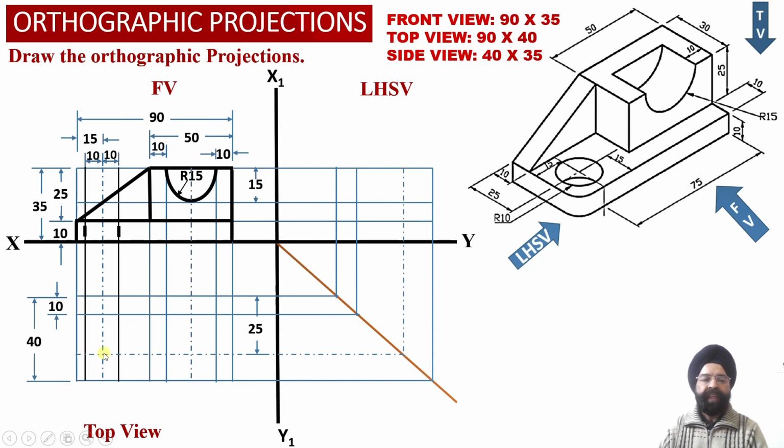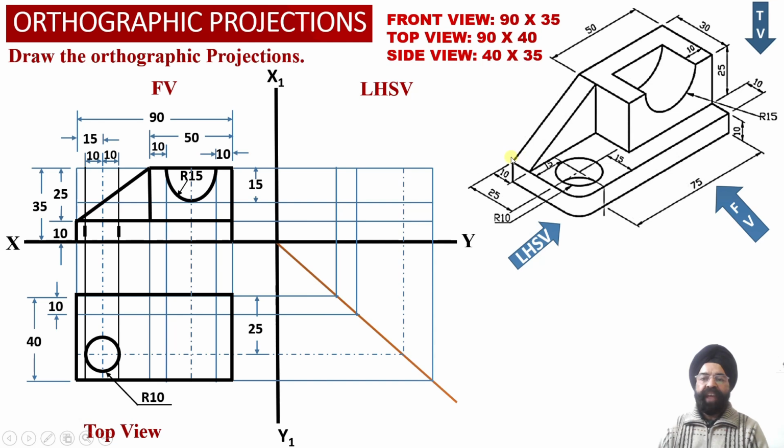This way we have obtained the center point of the circular hole, and using the radius equal to 10 millimeter, we have obtained the true shape of the circular hole in the horizontal web which is lying on the base of this solid.